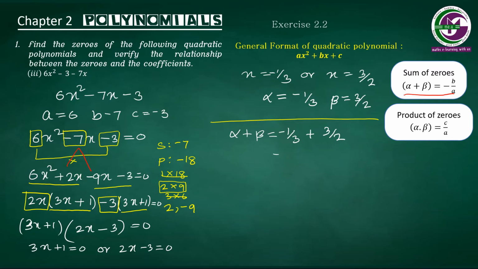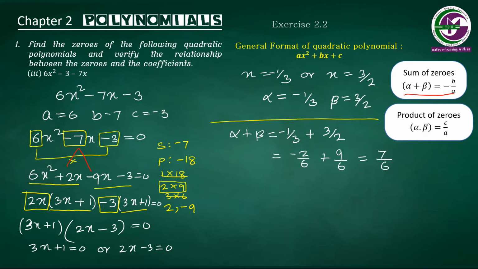So minus 1 by 3 can be written by multiplying the numerator and denominator by 2. So you'll get minus 2 upon 6 plus, multiplying numerator and denominator by 3, you'll get 9 by 6. So minus 2 plus 9 divided by 6 is 7 divided by 6, which is alpha plus beta.